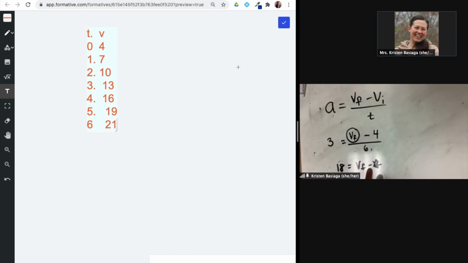VF minus 4, so to get rid of a minus, I would add this to the other side. VF would equal 18 plus 4, or 22 meters per second. In either case, notice that it gets you to the same answer. The 6-second velocity is 22 meters per second, whether we do it as an equation or a T-chart.